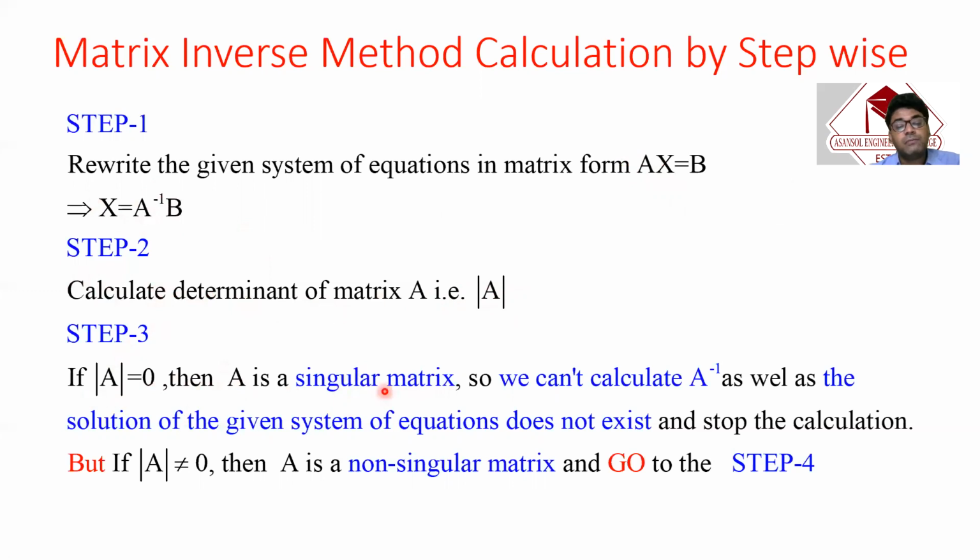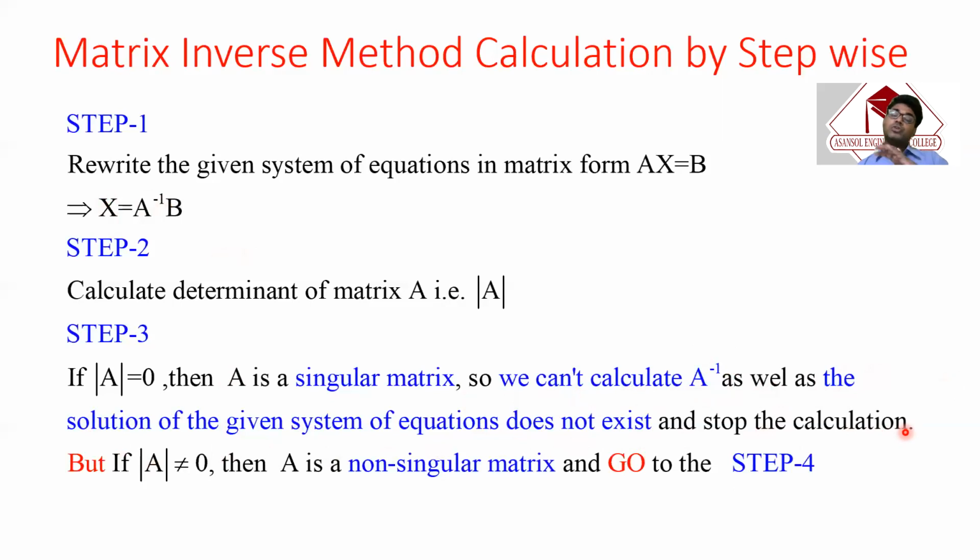Already you know, if matrix A is singular, we can't calculate A inverse, so we can't find X. So the solution of the given system of equations cannot be found by this method; stop the calculation and conclude the result.